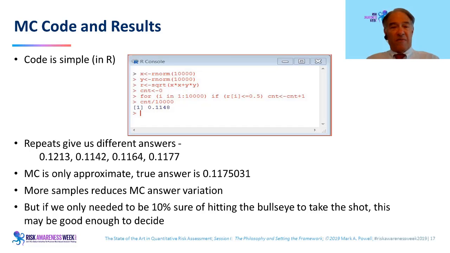In fact, using 10,000 samples, we can be off. The true answer obviously is 11.75031%. We could be off by as much as 0.4% in our answer, plus or minus, with 10,000 samples. That's a larger value than most people realize.